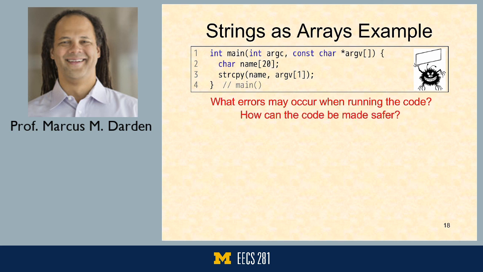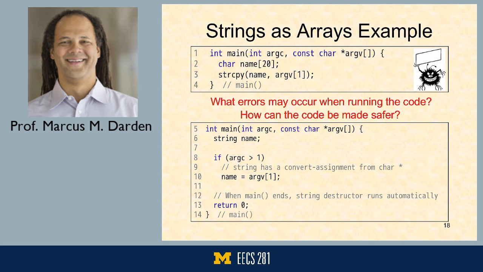How do we make this safer? Of course, let's use our C++ stuff, right? I'll get a C++ string, and then I can do my check to see if argv1 exists, right? argc has to be greater than 1 for argv1 to exist.